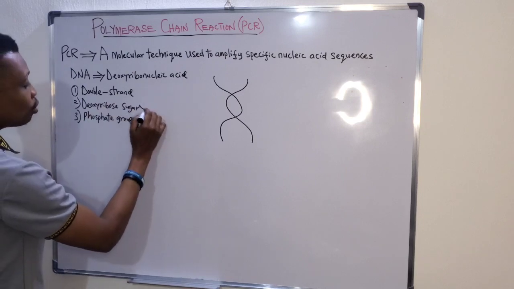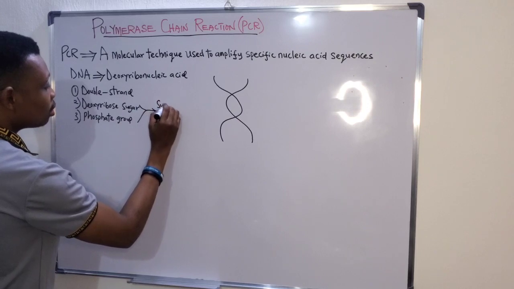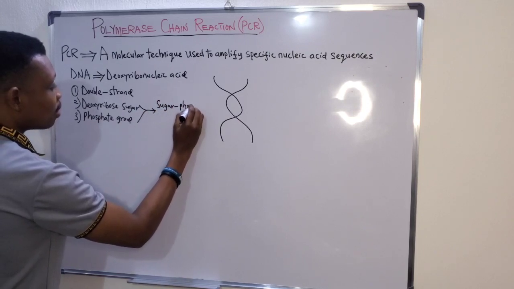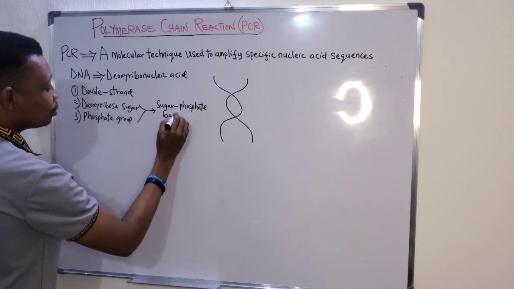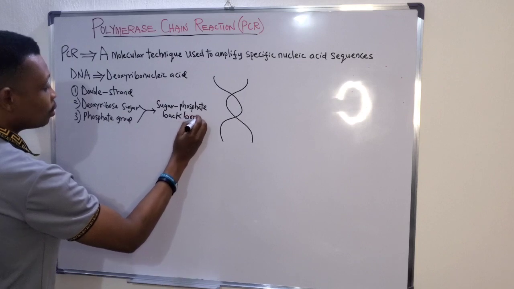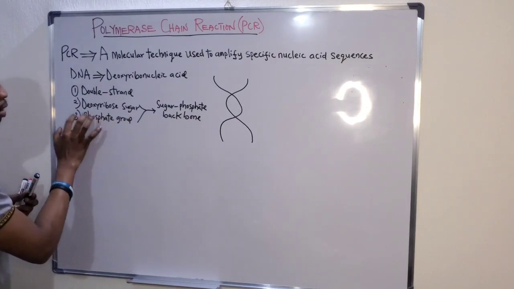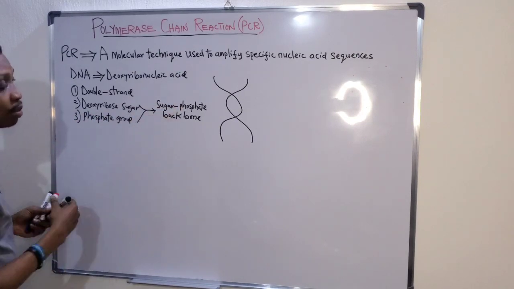These two form the sugar phosphate backbone. So the deoxyribose sugar and the phosphate group bound together form the sugar phosphate backbone.